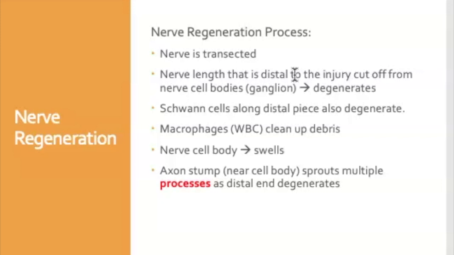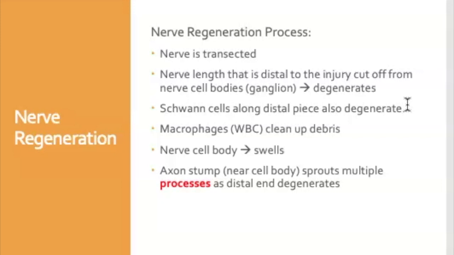So that is just going to degenerate. The Schwann cells that may or may not be present on that distal piece of the nerve are also going to degenerate if that nerve happens to have myelinated axons in it.